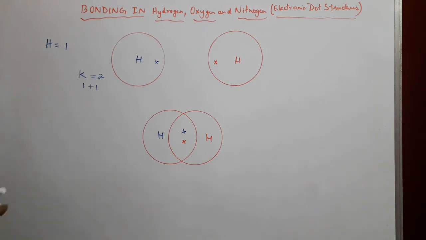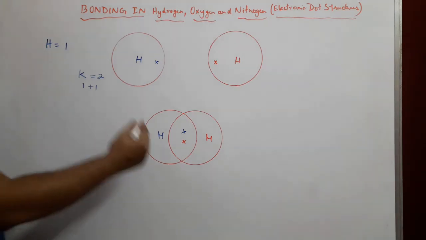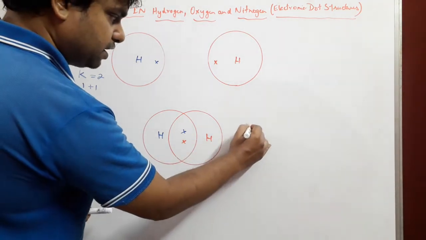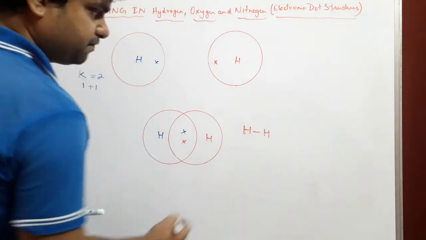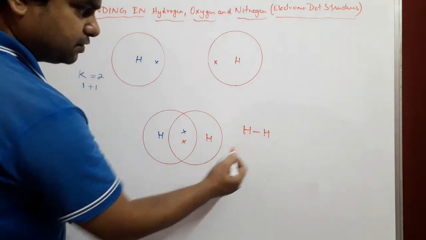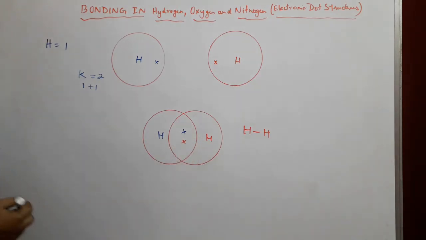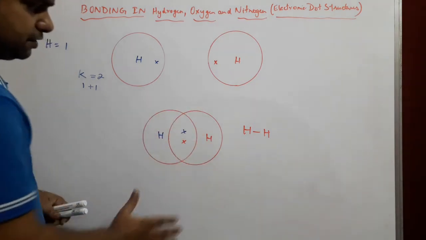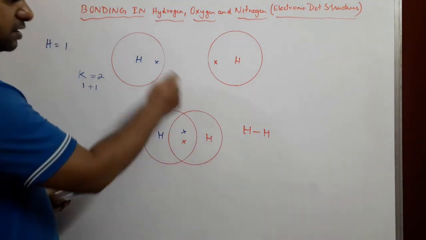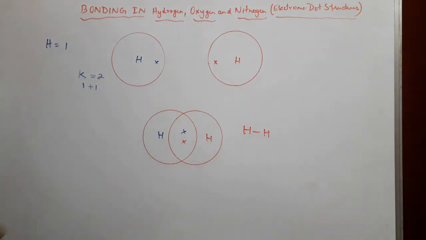The structural formula of hydrogen pairing will look something like this. This dash between the two symbolizes the bond between two hydrogen atoms. So this is how we show the electronic dot structure. Sometimes you put dots, sometimes you can put crosses. It's okay.